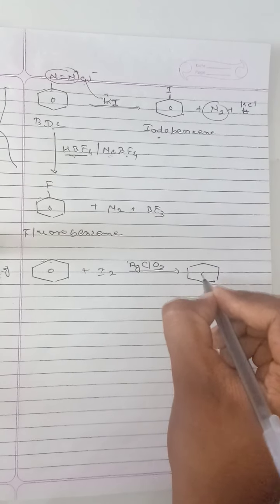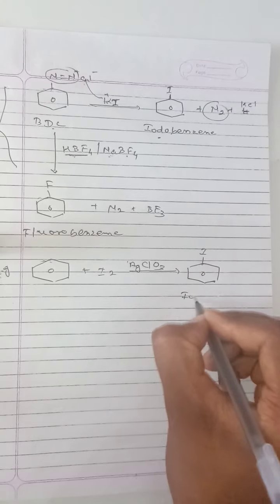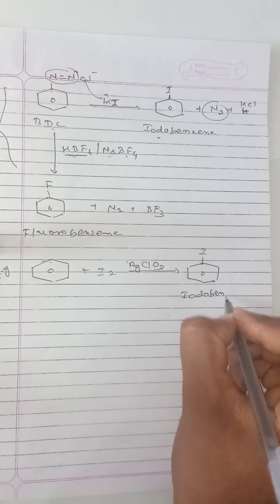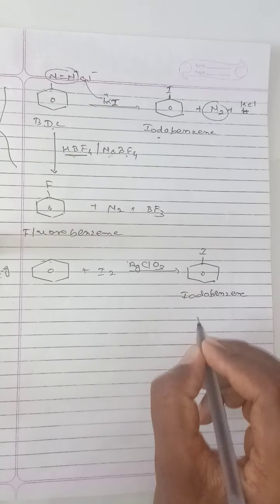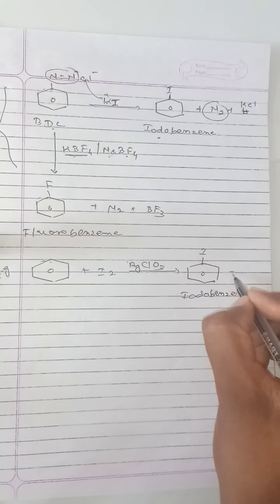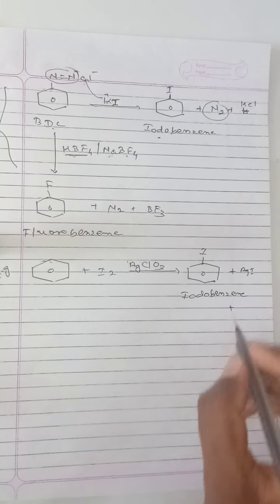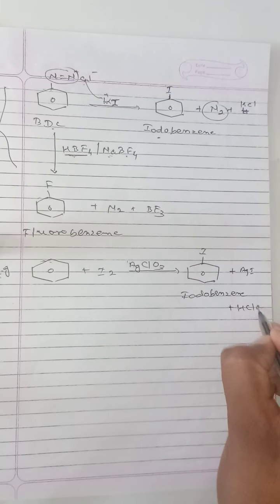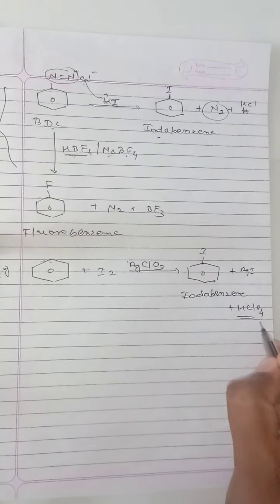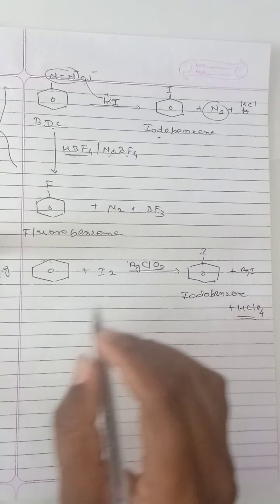You will get iodobenzene, AgI silver iodide, and HClO4 perchloric acid.